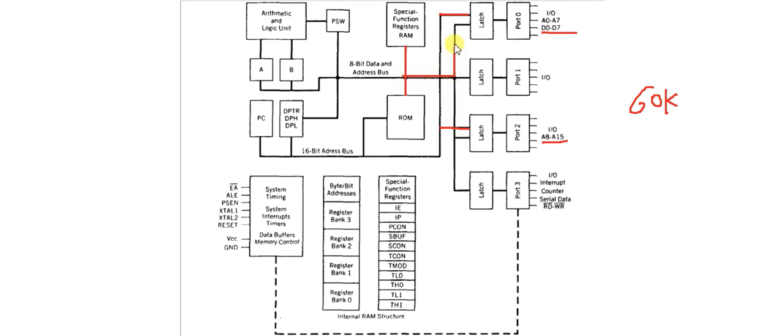This line is connected to every port, meaning when we want to use a port as a bidirectional input output, the data will come or go through this port and travel by this data bus. Similarly, it can connect with all the internal blocks. So this is the path of the data bus.